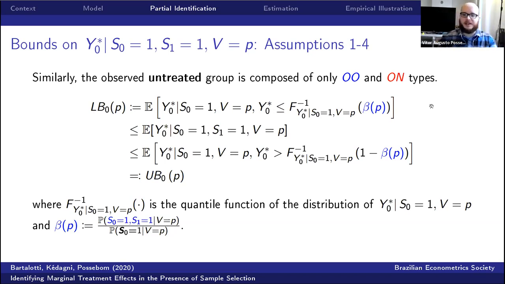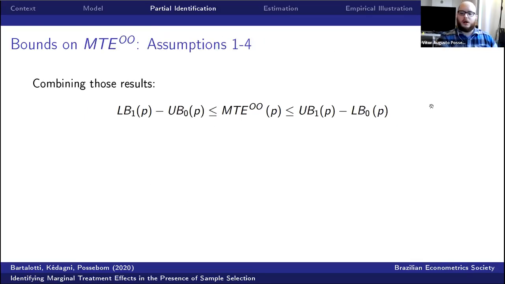We have best case scenarios, worst case scenarios, and we discard either the best wages or the worst wages. And as a consequence, we can combine those two results and derive bounds around the MTE, once more using best case scenarios and worst case scenarios. Are there any questions so far?